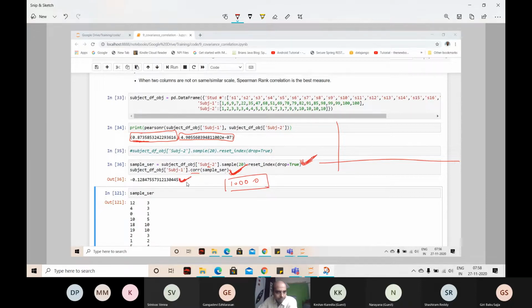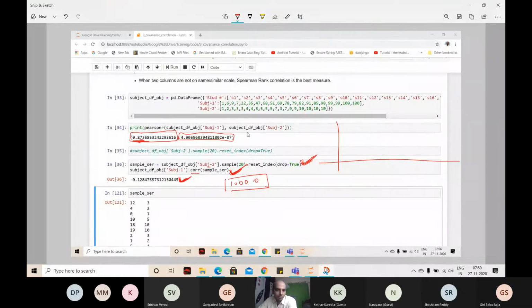Do you agree? Are they similar to this number? The numbers I am getting when I shuffle and execute this code, are those numbers like this number or not? They should be the same if the null hypothesis is true, right?